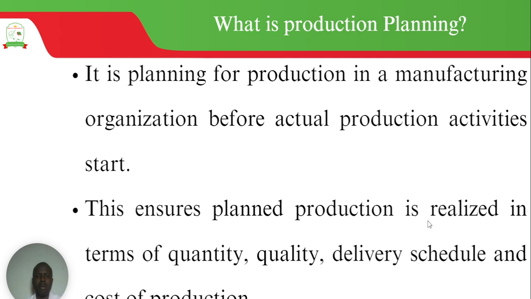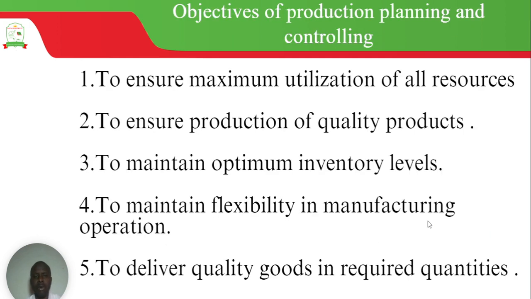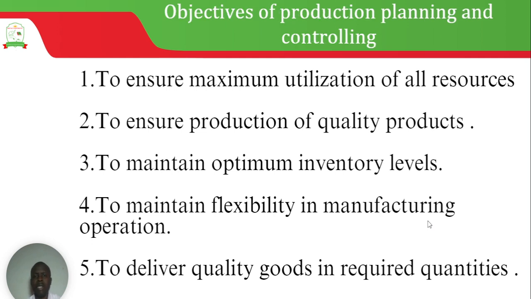From there, we have the objectives of production planning and control. What is it that we seek to achieve when we are doing production planning and control? Number one is to ensure maximum utilization of organizational resources. Remember, these resources are important for the organization. When we talk about resources, we are referring to the human resources and the raw materials that we have, time as a resource.